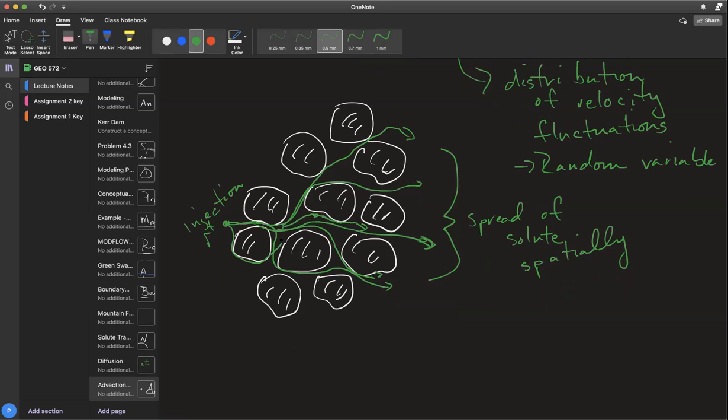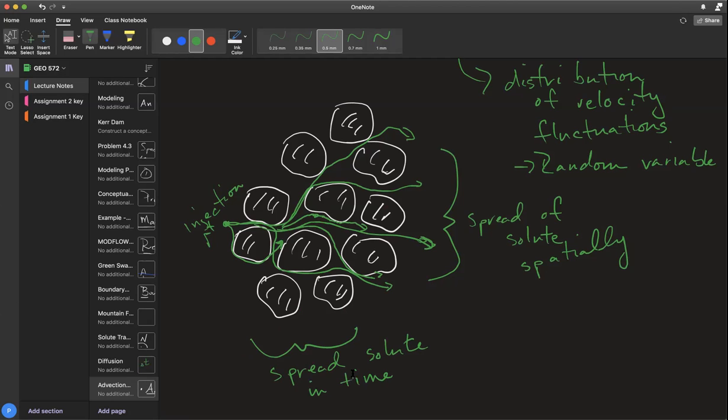So over the same time increment, they only make it around a single grain, right? So we also spread solute in time, or in its arrival time.